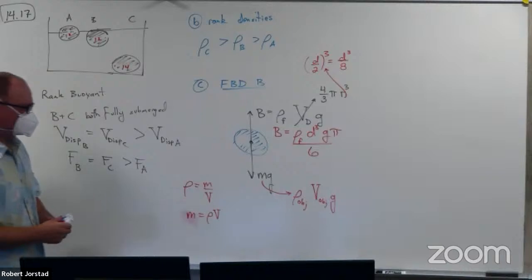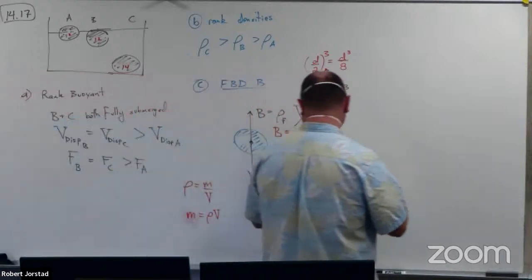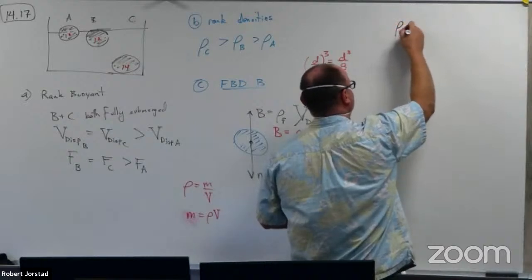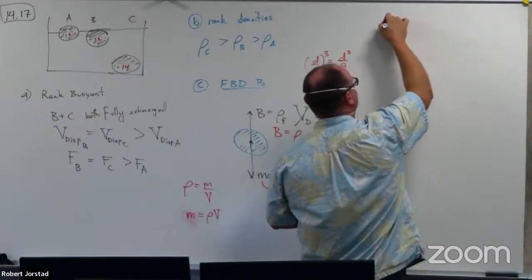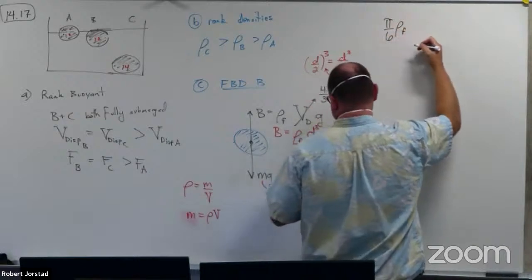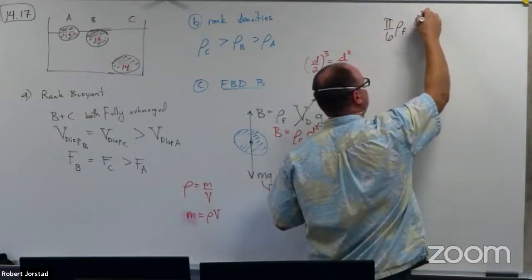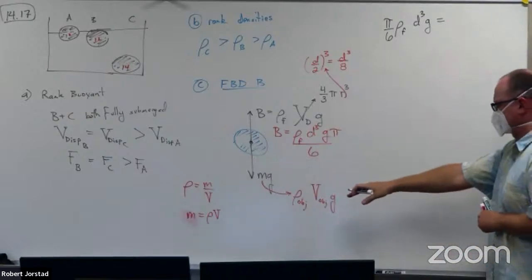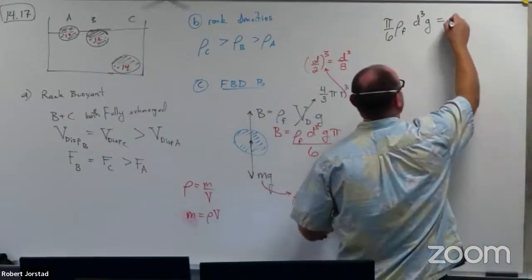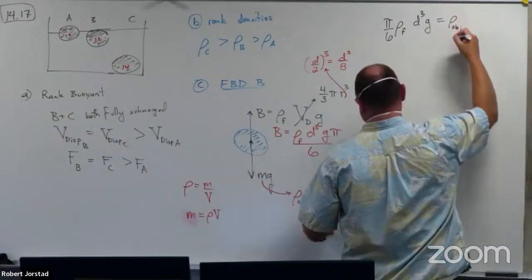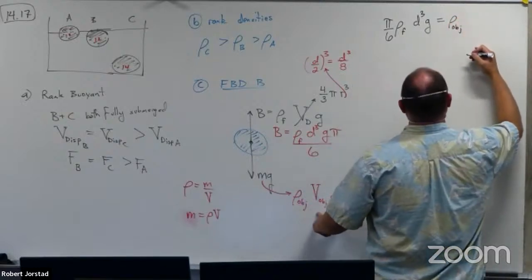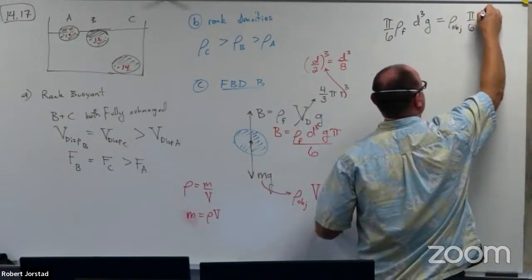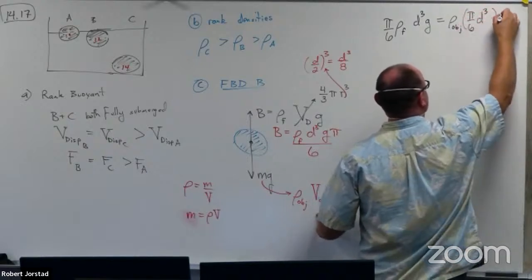When I do that, what are we going to get here? Density of the fluid, pi over 6, d cubed g has to equal density of the object, volume of the object, well, that's pi over 6 d cubed times g.